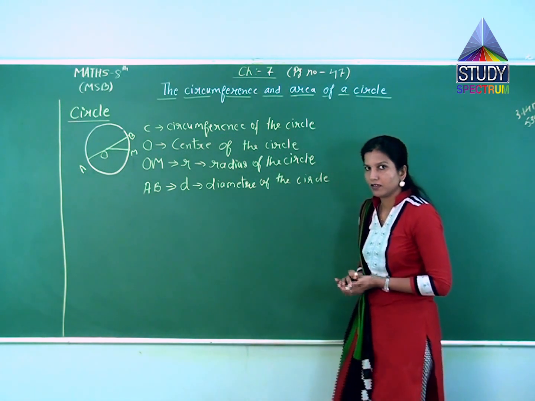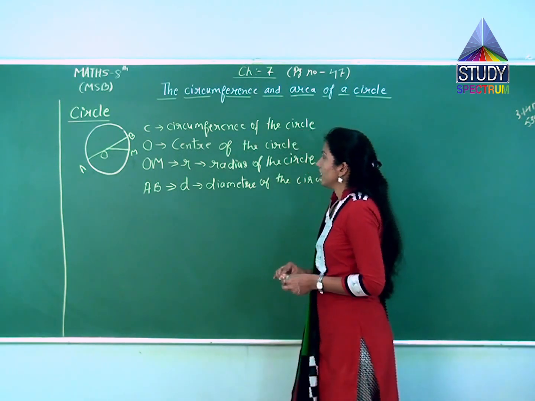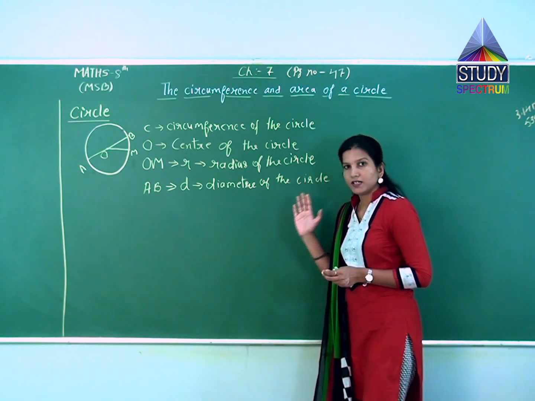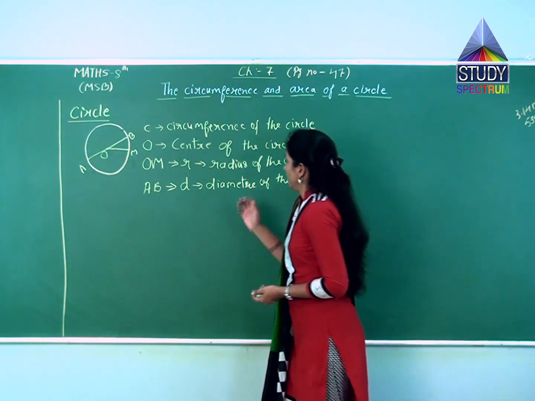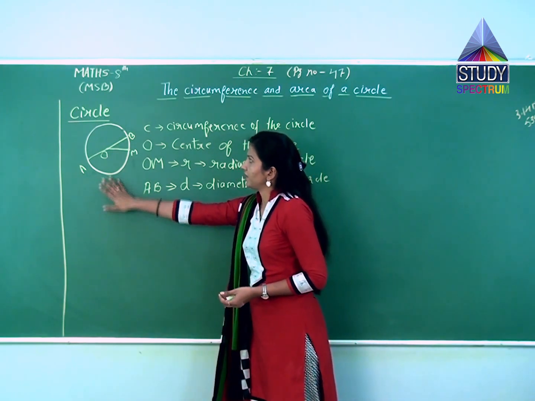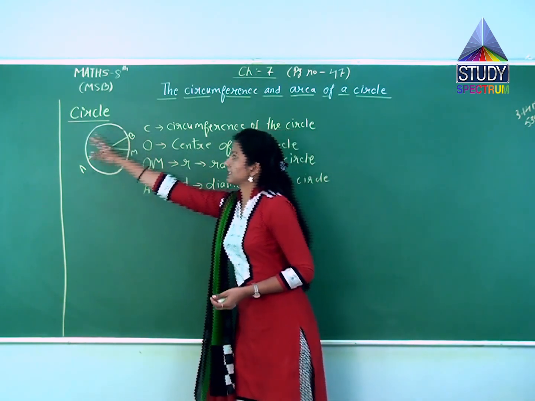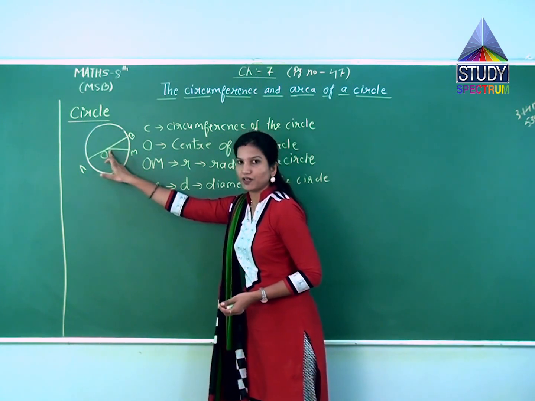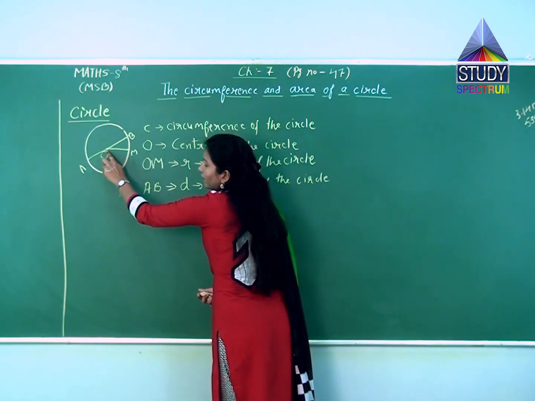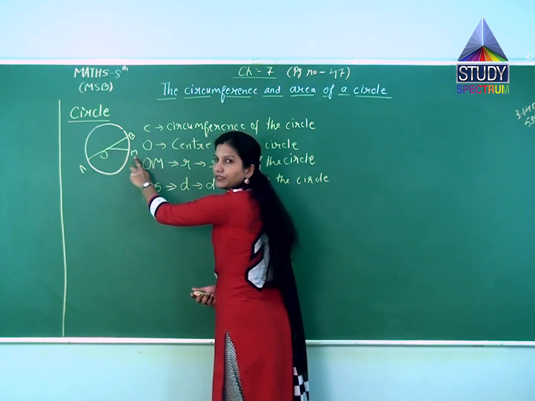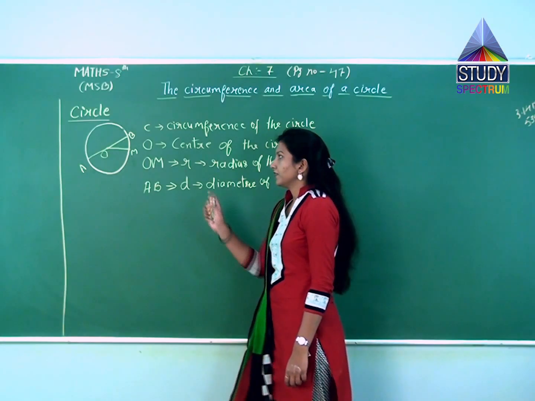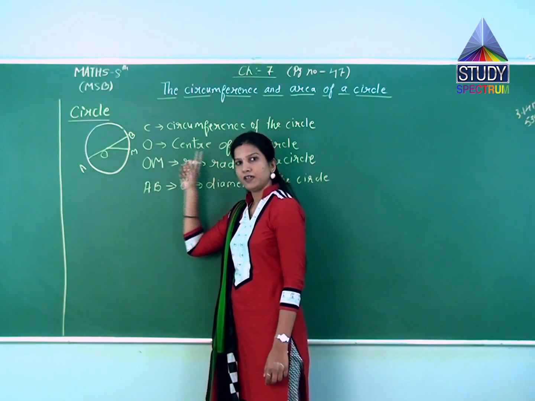Am I clear? Let us revise it once again. We have our chapter with the topic the circumference and area of the circle. So, let us start with some explanation regarding the circle. This is a circle and this is the center of the circle. And if you join this center of the circle to any other point on the circle, then this will be our radius of the circle.